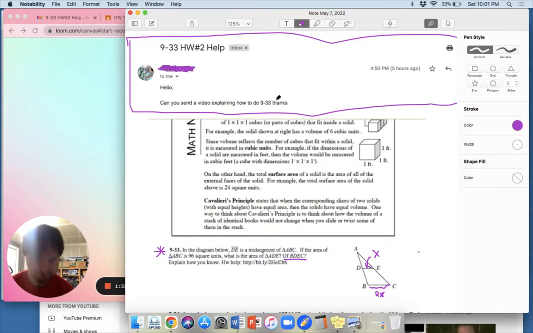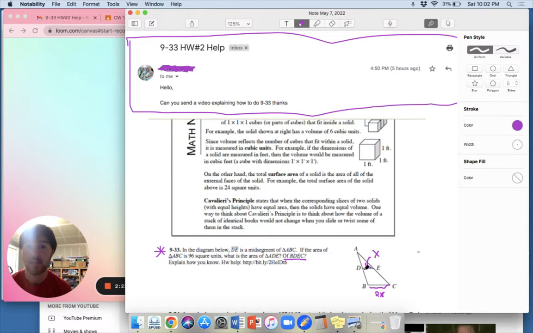Triangle ADE and triangle ABC would be similar by the SAS similarity postulate. Angle A is congruent to itself, and triangle DAE and triangle BAC are similar because their side lengths are in proportion as well.